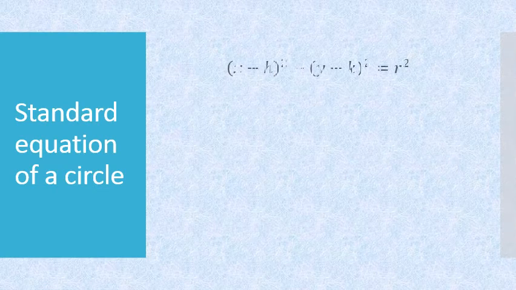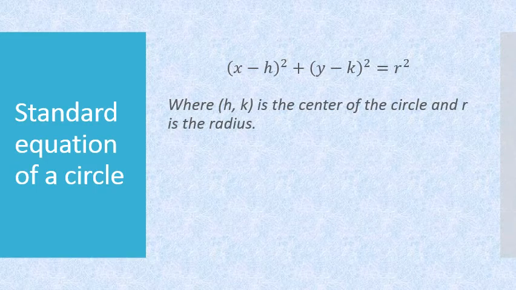We know that the standard equation of a circle is quantity x minus h squared plus y minus k squared equals r squared, wherein your h and k is the value of your center and your r is the value of your radius.